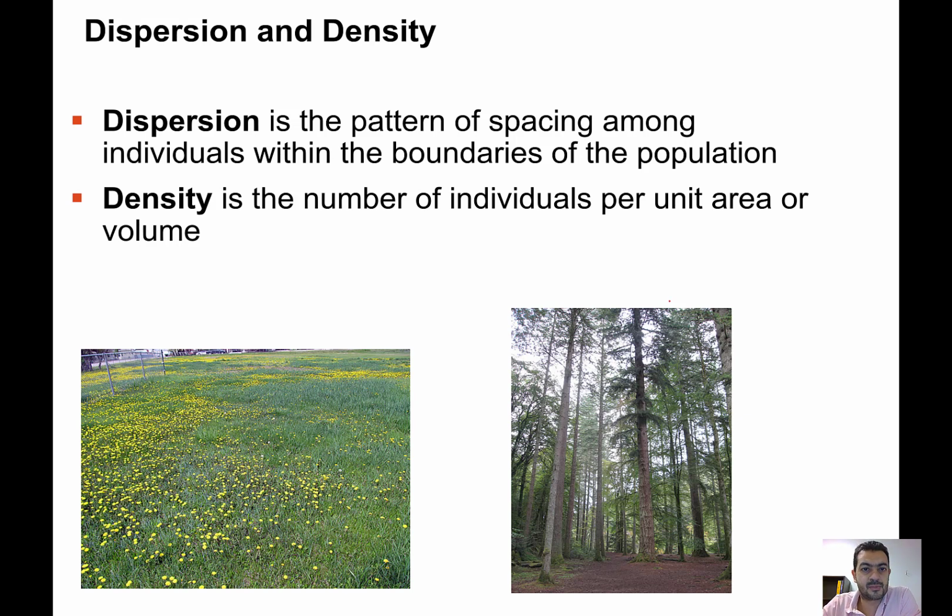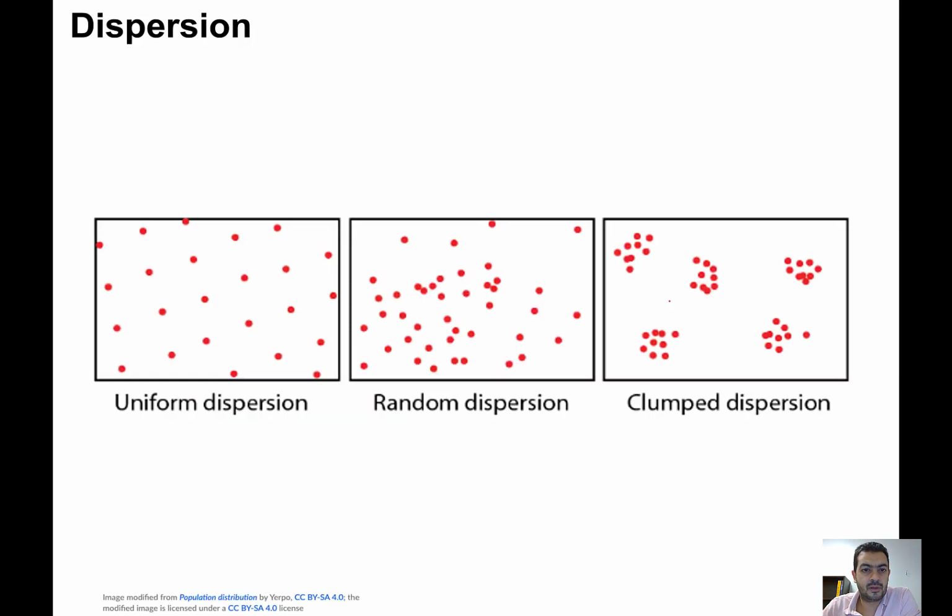First, dispersion. Dispersion is the pattern of spacing among individuals within the boundaries of the population, and density is the number of individuals per unit area or volume. We have three general patterns of dispersion. We have the uniform dispersion, in which the individuals are more or less equally distributed among the boundaries of the area.